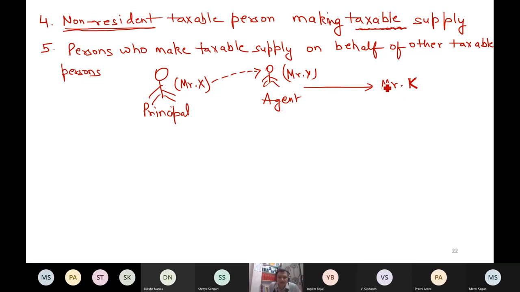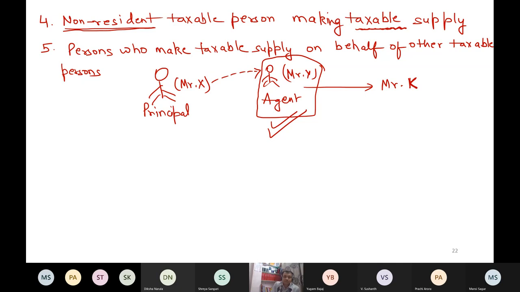As an agent of X, Y is supplying to Mr. K. So in this case, this Mr. Y must take compulsory registration as per point number 5. Person who is making taxable supply on behalf of other taxable person. So as an agent, registration is mandatory by default.